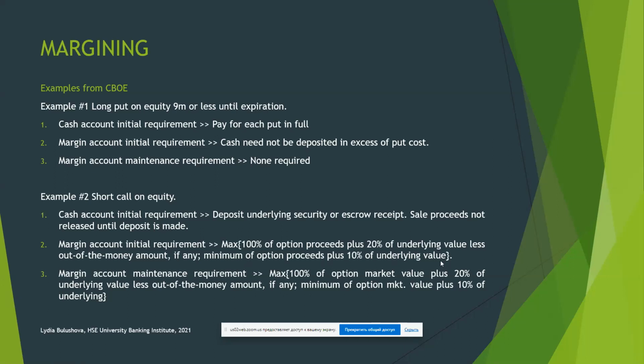It's the market price. So this is 10% of the current market price. What is option proceeds? There's a formula with max from 0, S minus K for calls or K minus S for puts. That's the amount of money you will get if the option gets exercised. This is what this part means.